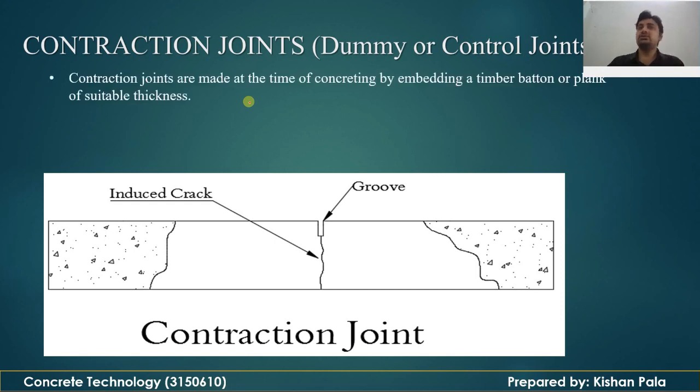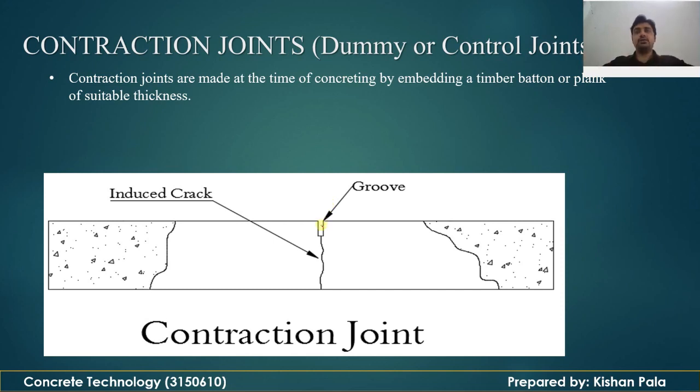Contraction joints are made at the time of concreting, by embedding a timber batten or plank of suitable thickness. Remember that in the photo, we just have to provide a groove on the concrete element.